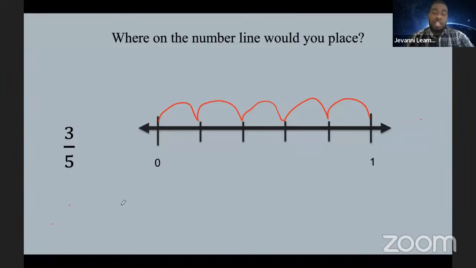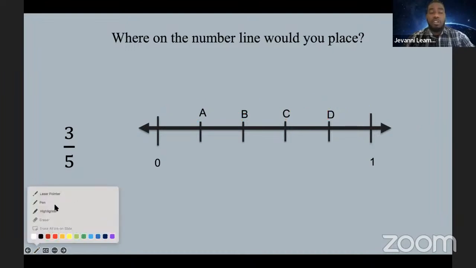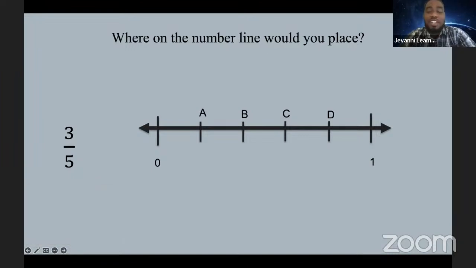So I'm going to have A, B, C, and D. So which one of these letters would you say, or where would I put 3/5 on the number line? Which one of these letters would I assume 3/5 is? Or where on the number line would 3/5 lie?